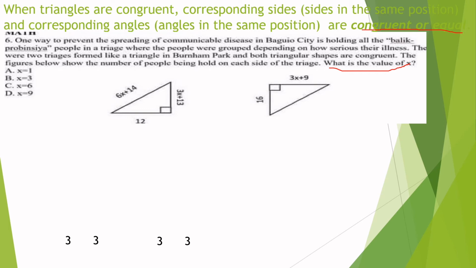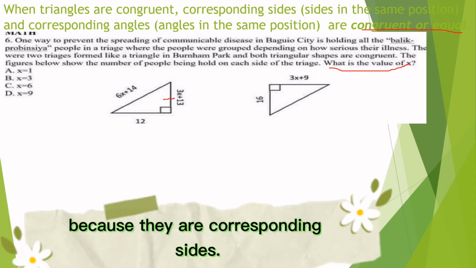So here, 3x plus 13 is congruent with the side 16. And side 12 is congruent with 3x plus 9. And the hypotenuse 6x plus 14 is congruent with this unknown.